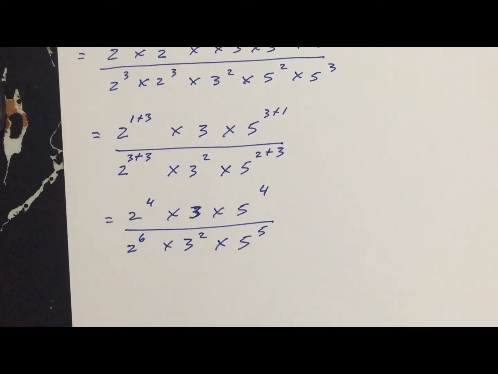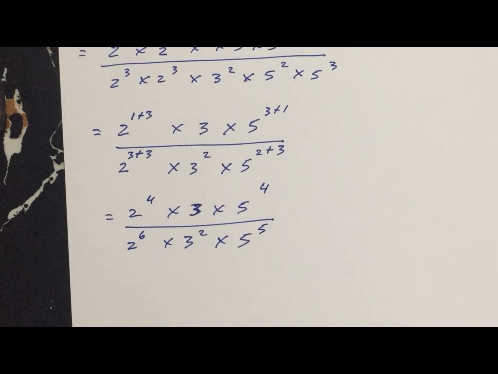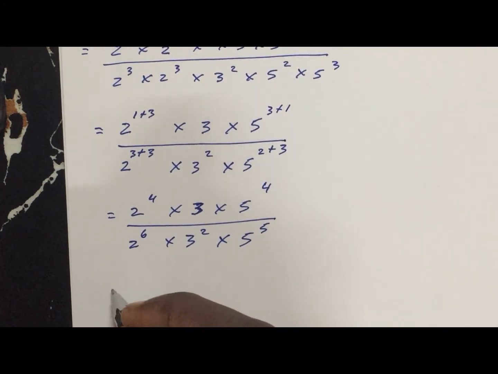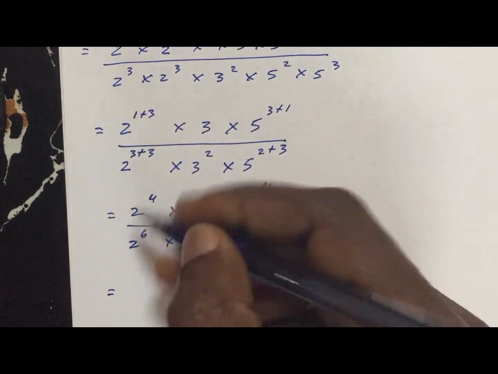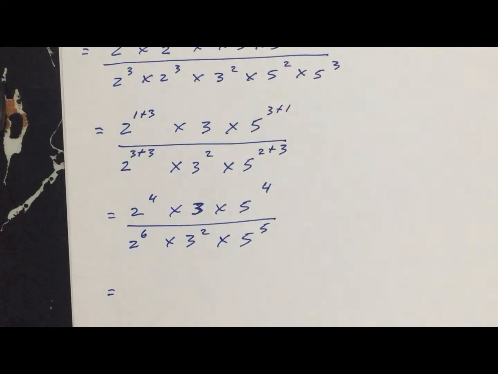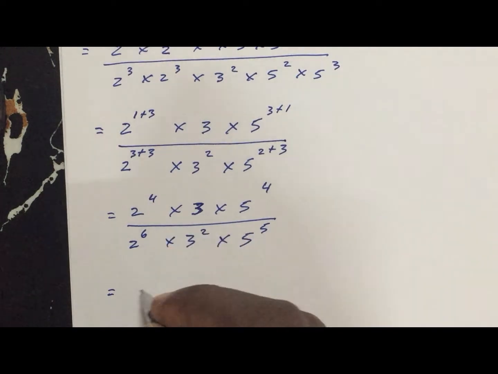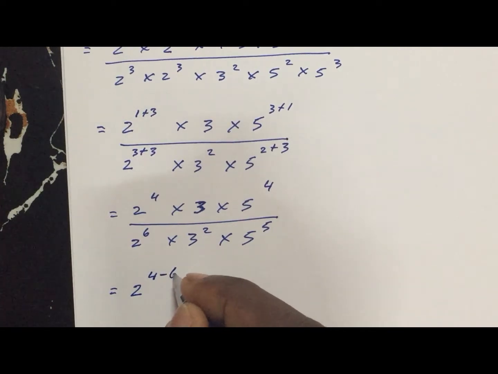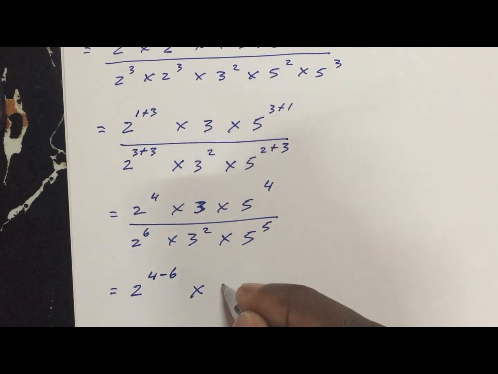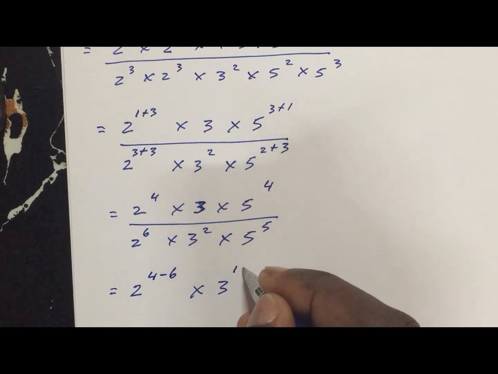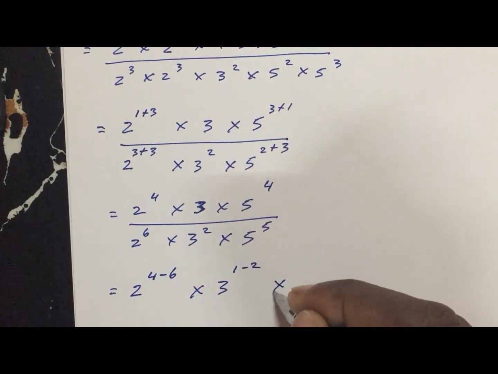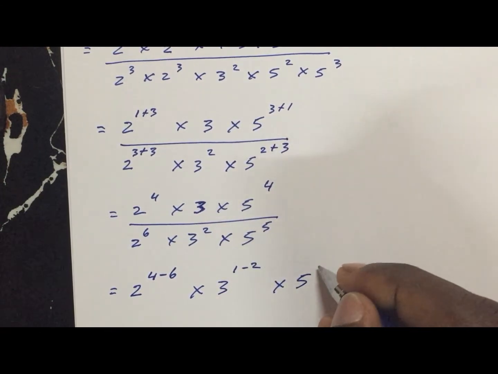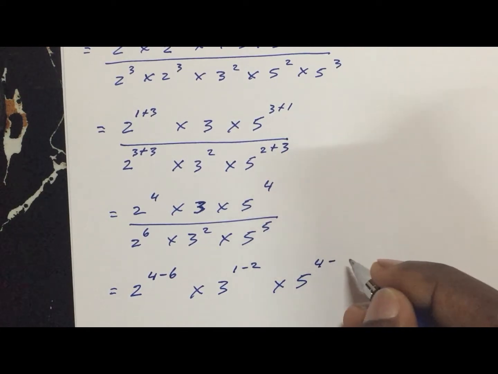Alright, so we further group all like terms. When dividing, the powers subtract. So we have 2 to the 4 minus 6, times 3 to the 1 minus 2, times 5 to the 4 minus 5.